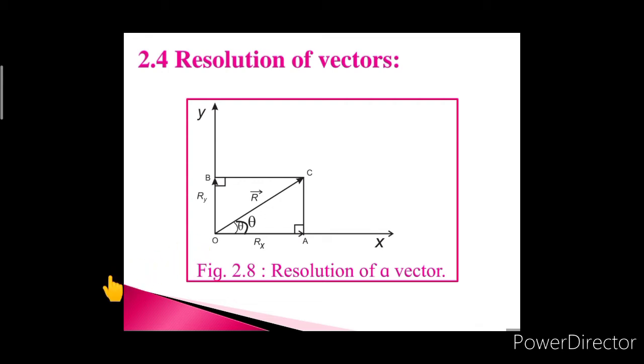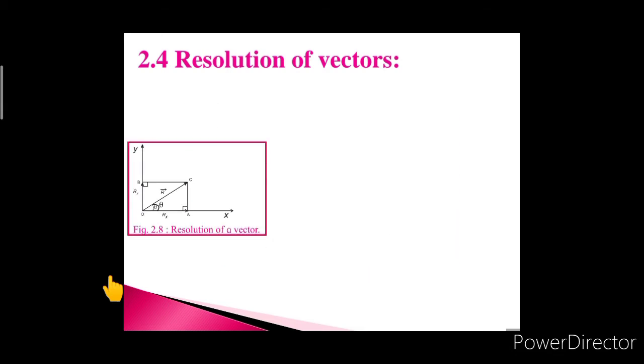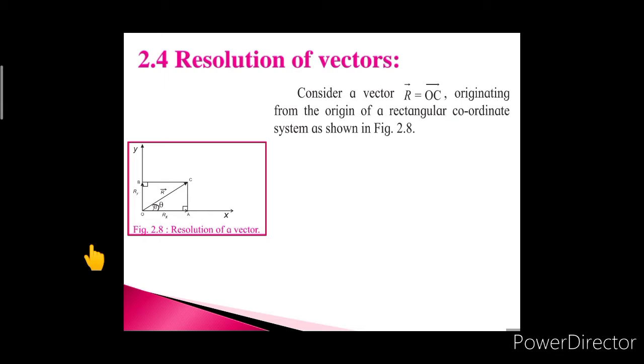So let us see how we find the rectangular components in 2 dimensions. First of all, we consider the vector r equal to vector OC, originating from the origin of a rectangular coordinate system as shown in this figure.